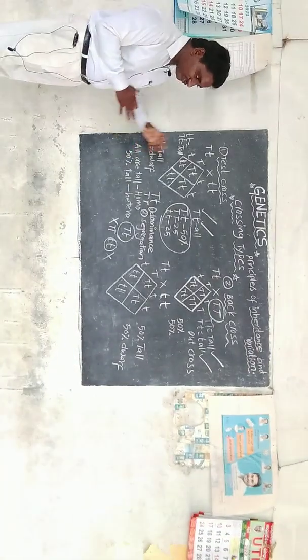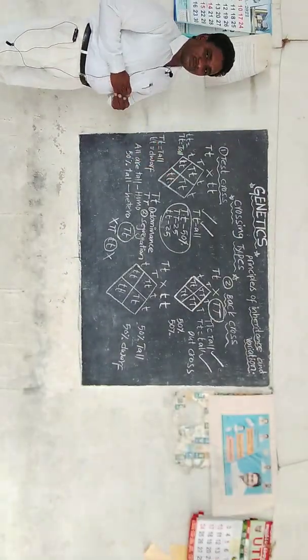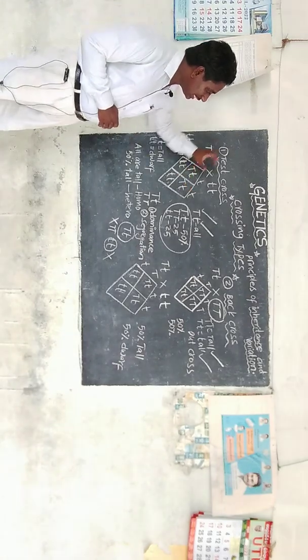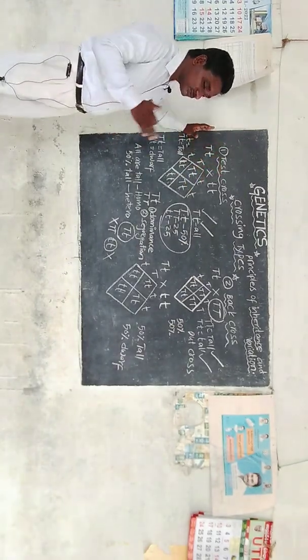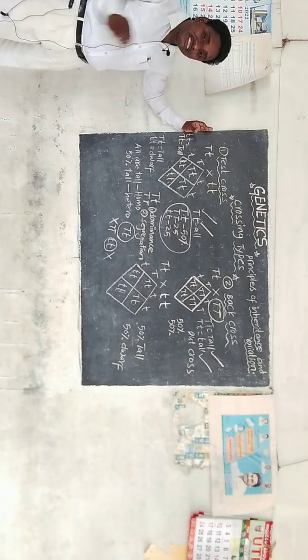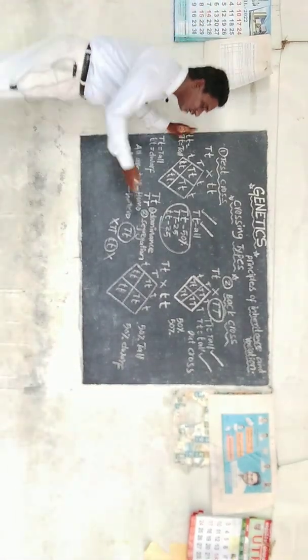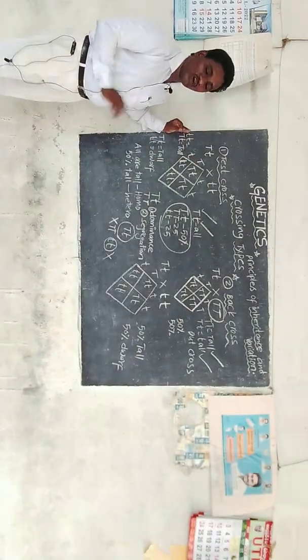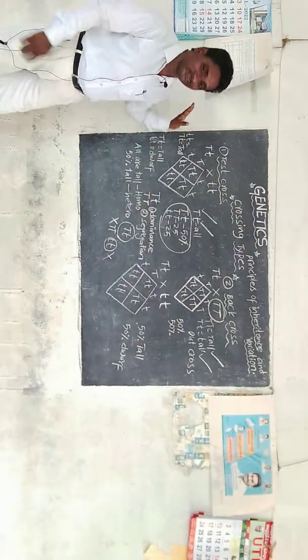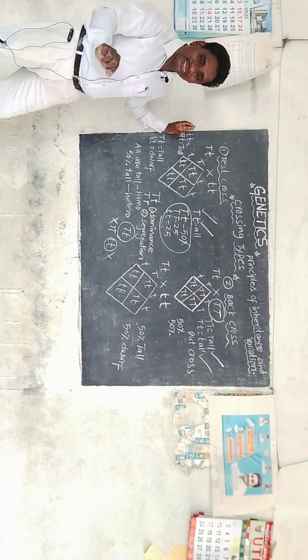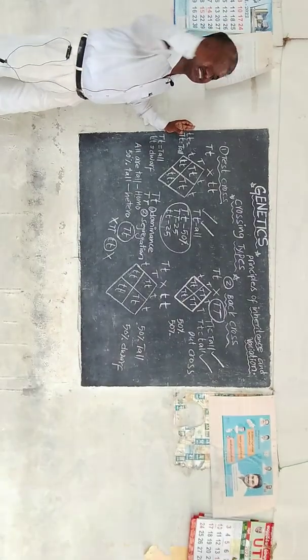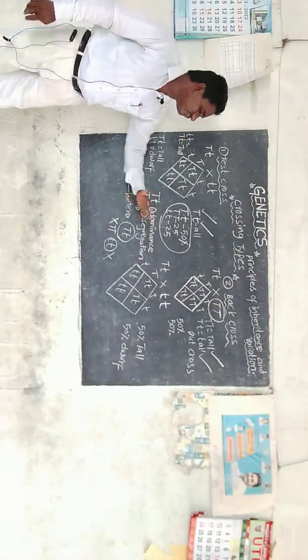The law of segregation means even though the parental characters are not expressed in the first generation, they will separate and express in the second generation. That is called law of segregation, or law of separation. The purity of the breeds can be seen in the second generation.